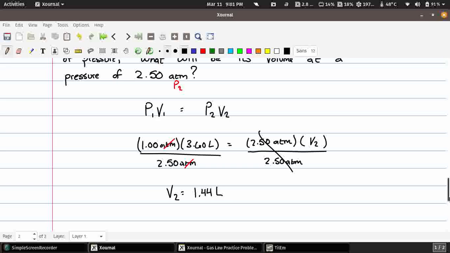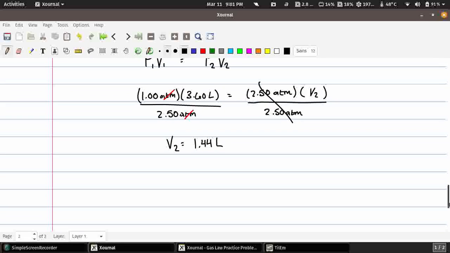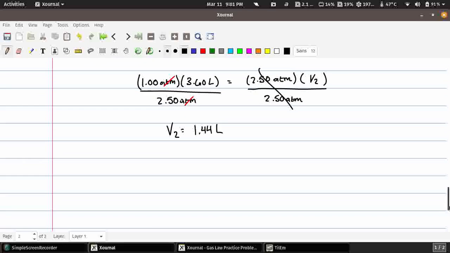Now, say we wanted to use the same starting conditions, but maybe the volume or the pressure is less. So let's find out what happens. So we still have 1.00 atmospheres, 3.60 liters, but instead of 2.5 atmospheres, now we have 0.372 atmospheres, and we don't know the volume.